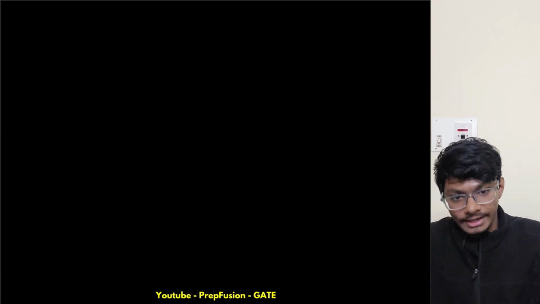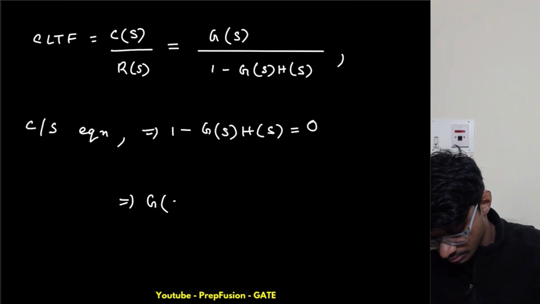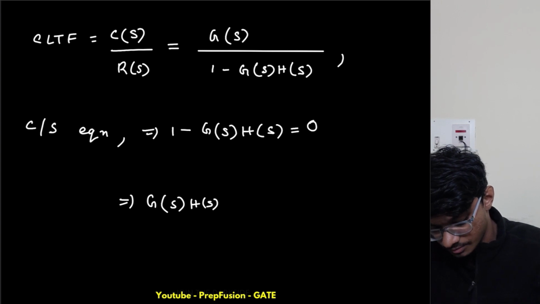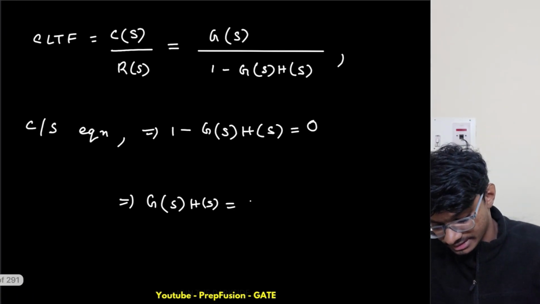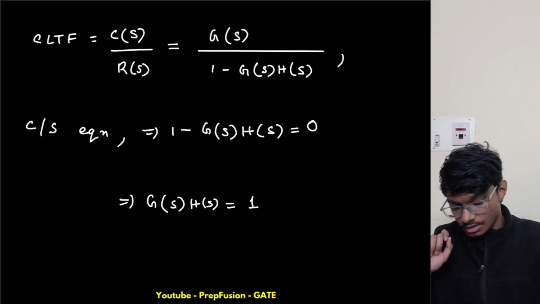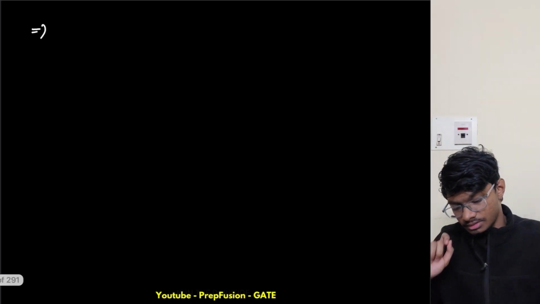I can write my G of H of s, and here this becomes 1, right? So this is lying on the positive x-axis. So if my G of H of s equals 1, then what does this mean?